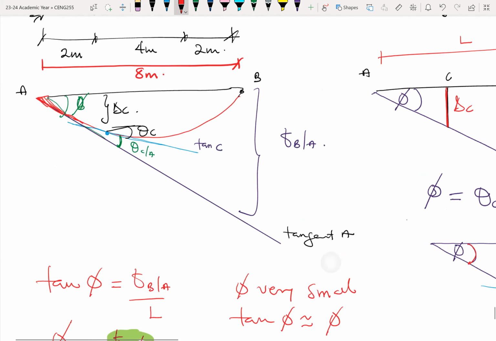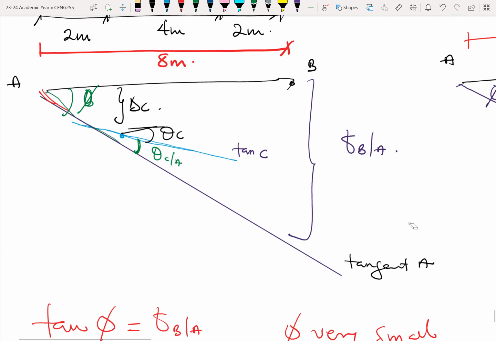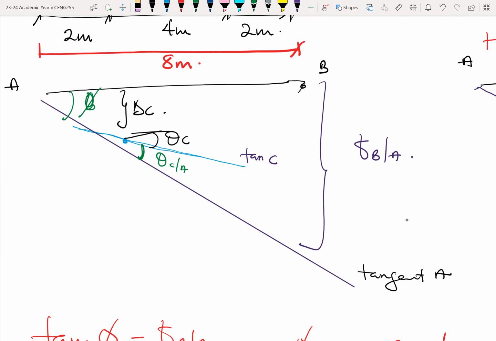Now, let me make things a bit cleaner over here. Why always slope at C? They're just variables.